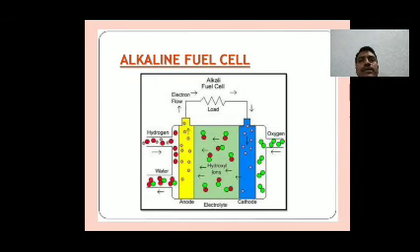Another is the cathodic container, through which oxygen gas passes. At the anode and cathode, transfer of electrons from anode to cathode generates electricity by spontaneous reaction without combustion of fuels. Such cells are called fuel cells.